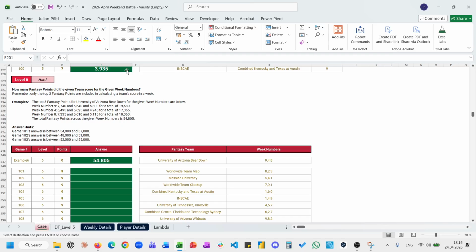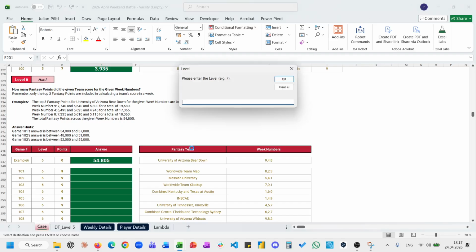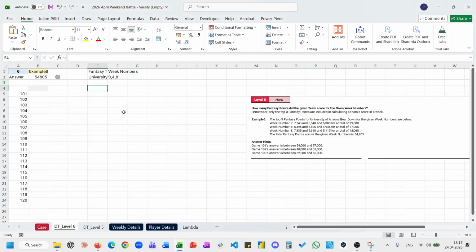How many fantasy points did the team score in the given week numbers? Okay. How do I want to proceed? Data table.